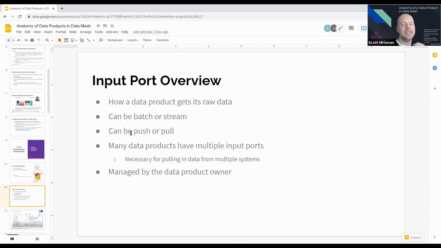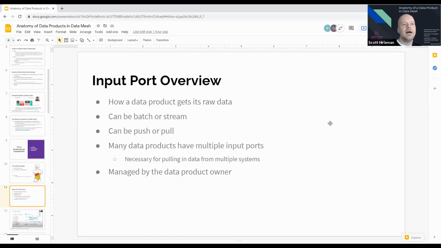And especially if you're crossing domain boundaries, like if a domain owns their data product, then they should also own how it's flowing into that, but you can still break it pretty easily. Many data products have multiple input ports, so you think about pulling data from a whole lot of different systems and things like that.